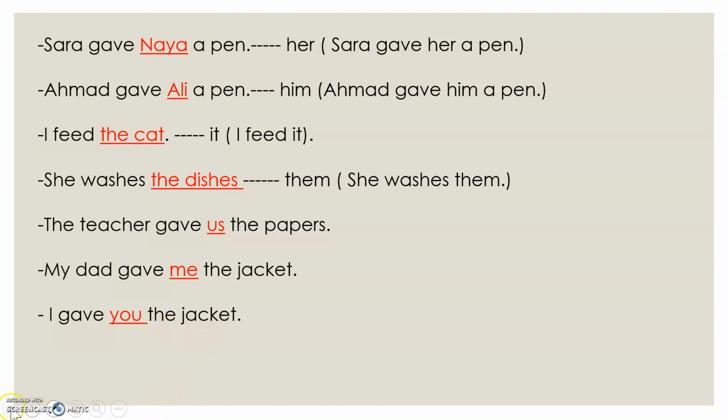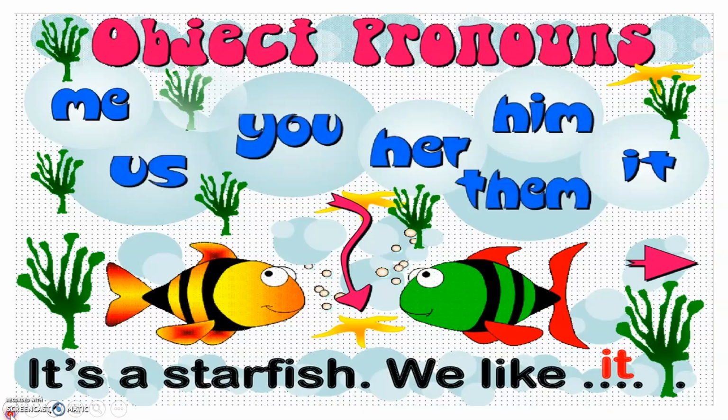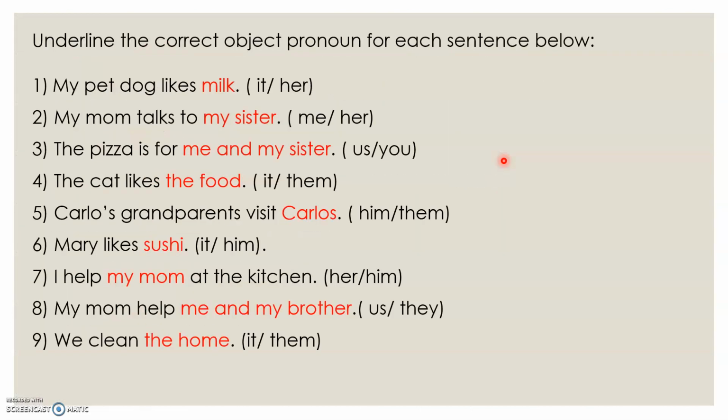So when we are talking about the object pronouns, you need to remember these object pronouns, and you need to know when we use each object pronoun. Please, you need to ask yourself the question, what am I talking about? You need to decide what is the best object pronoun to use instead.